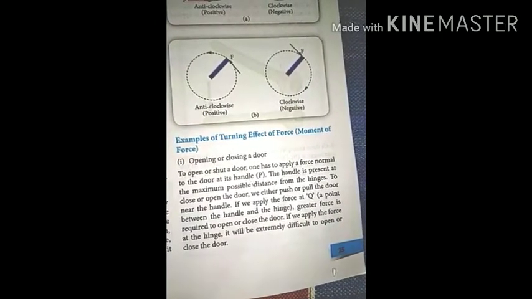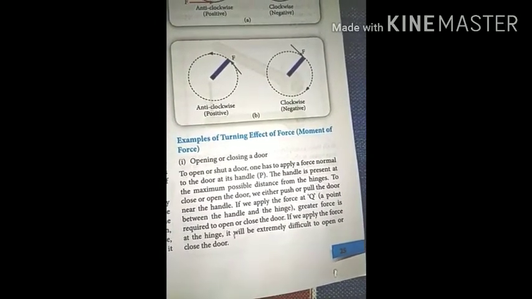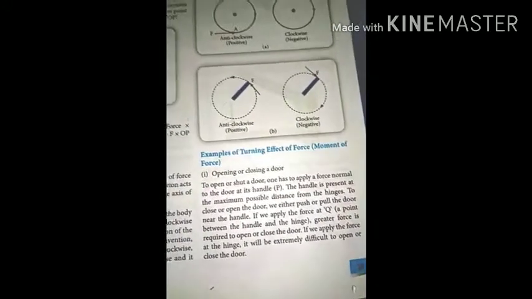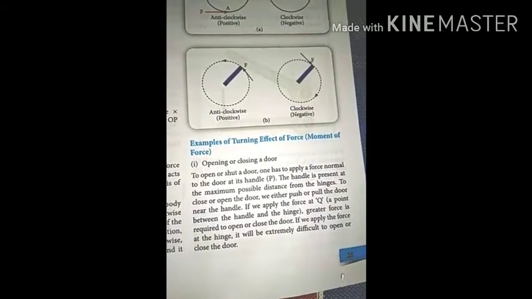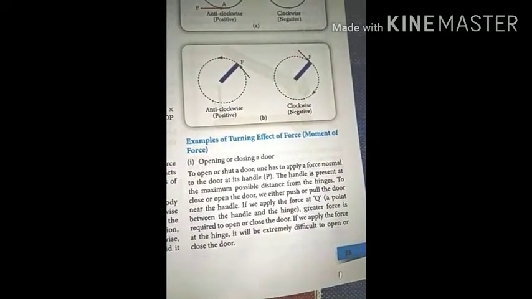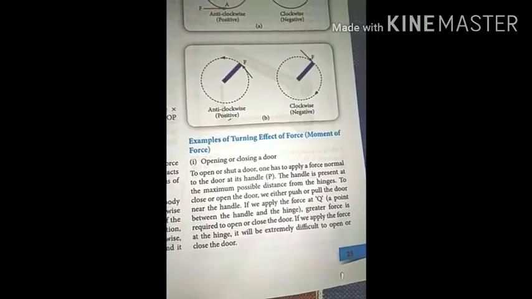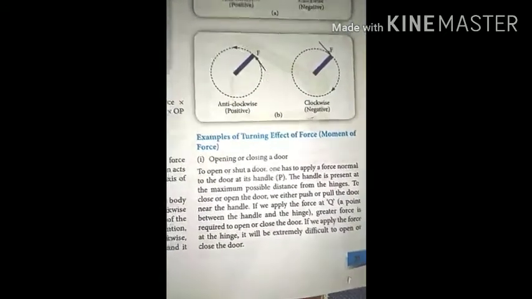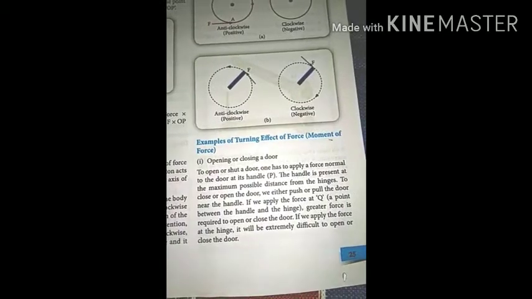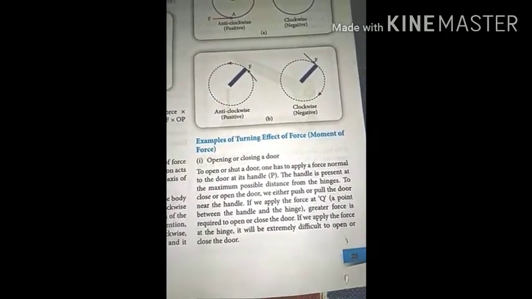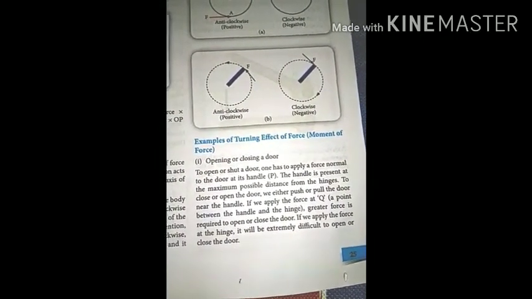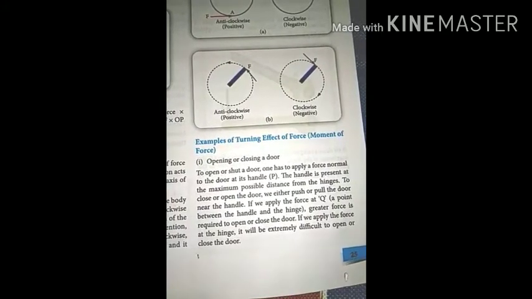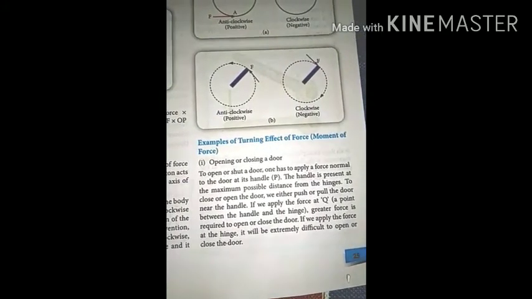In the formula of moment of force, we have seen that tau is equal to F into D. When the distance between the point of application of force and the fixed point increases, less force is required to produce the turning effect. When the distance between the fixed point and the point of application of force decreases, more force is required to produce the turning effect.